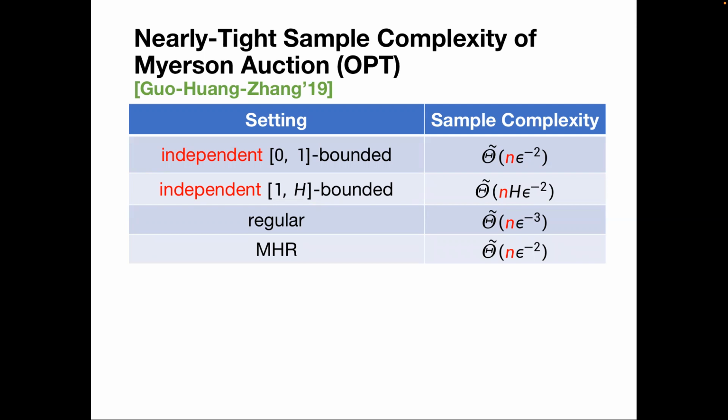In particular, they prove that in every setting, the nearly tight sample complexity has almost nearly linear dependence on n, the number of bidders, and a polynomial dependence on epsilon, the approximation error.